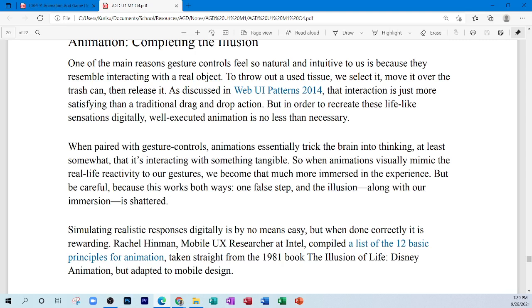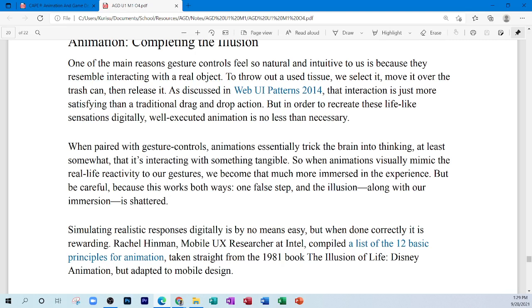But as the paragraph mentioned, when we are doing gestures for animation, the immersion, the realisticness of that animation is going to depend upon how comparable it is to what is real.